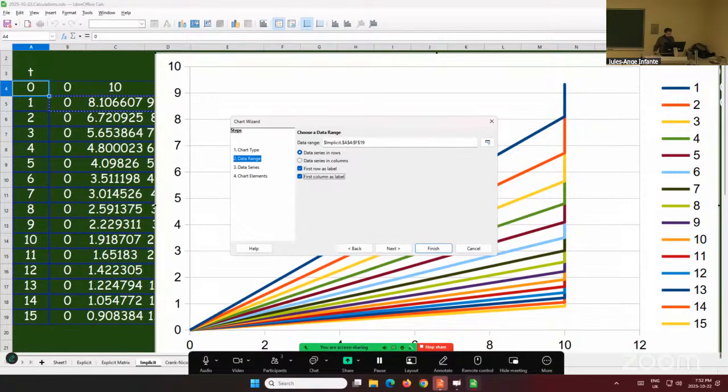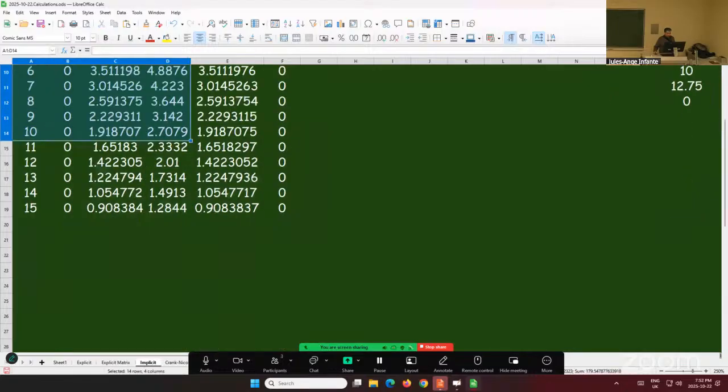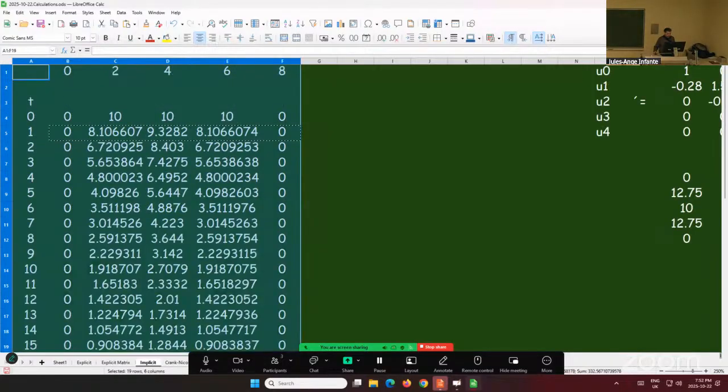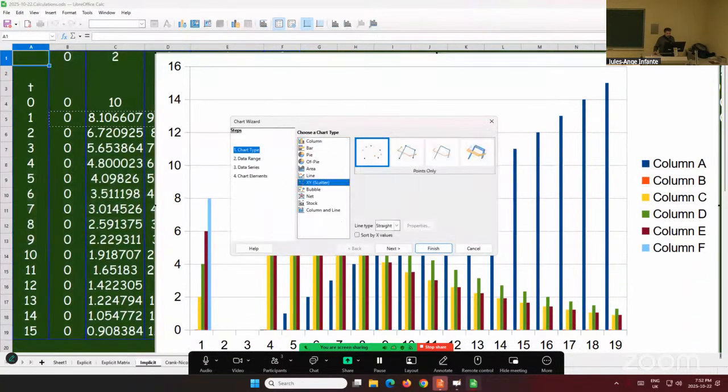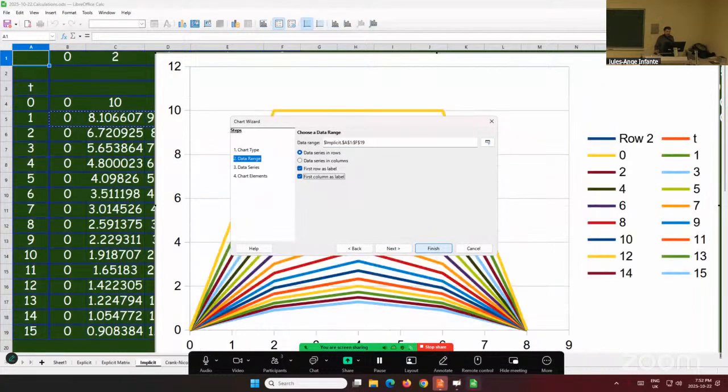The first row is not labeled, sorry. Now the first row will be labeled. XY scatter. There. So it looks good.